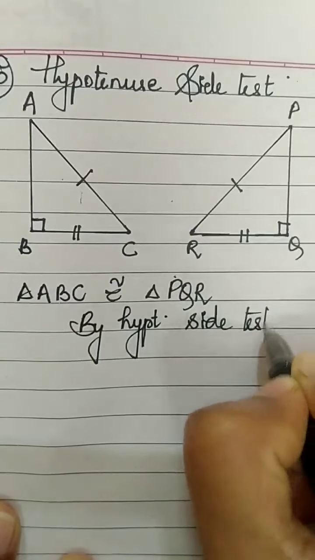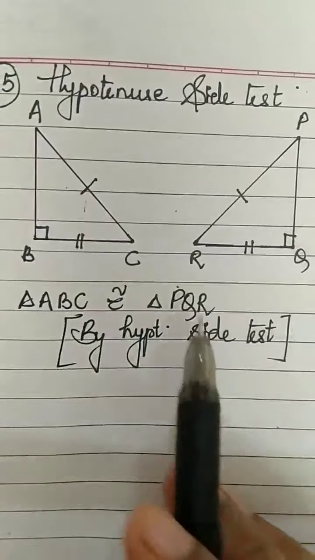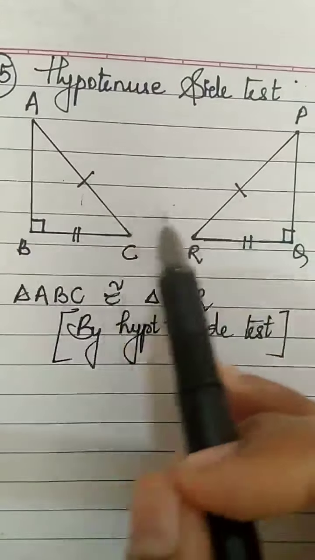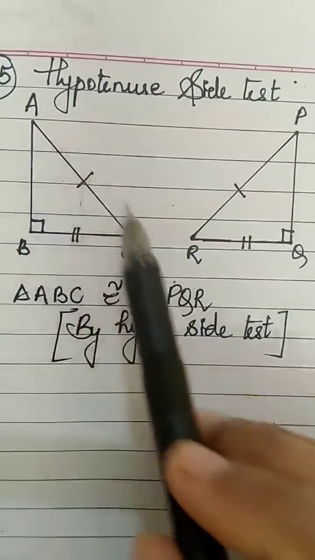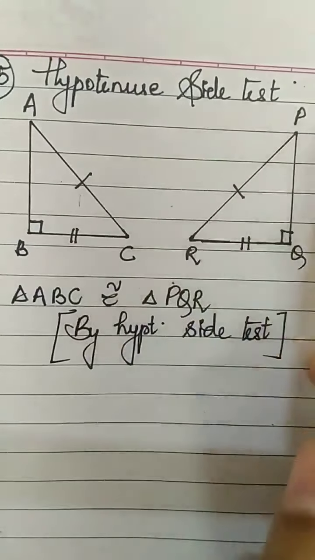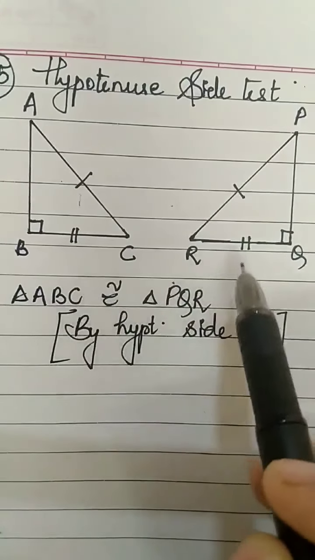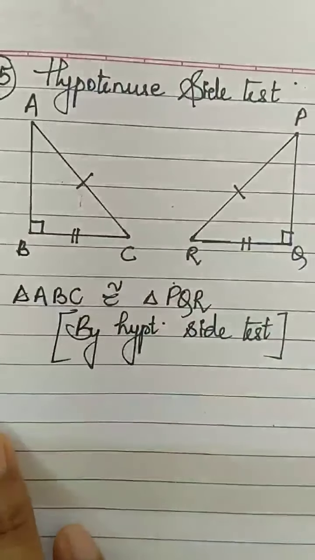Okay, hypotenuse, you have to write the full form. Here I have used the short form. So how will you test for hypotenuse side test? Both the triangles should be right angle triangles. Otherwise you can't take this test. Hypotenuse of one triangle should be given congruent to hypotenuse of the second triangle. One more side we need and it should be 90 degree. Both the angles 90 degree.